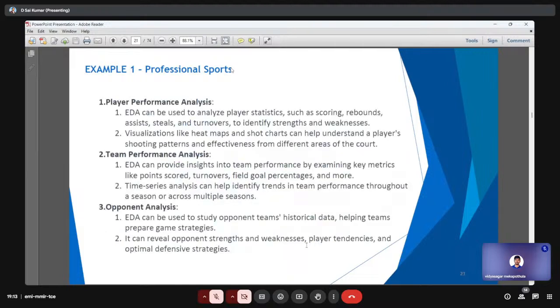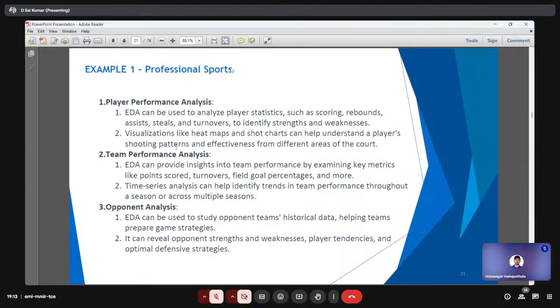With respect to professional sports, I want to analyze player performance, so for that I'll use this EDA concept. This EDA can be used to analyze player statistics, such as scoring, rebounds, assists, steals, turnovers, and his strengths and weaknesses.